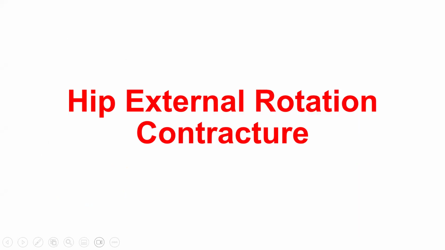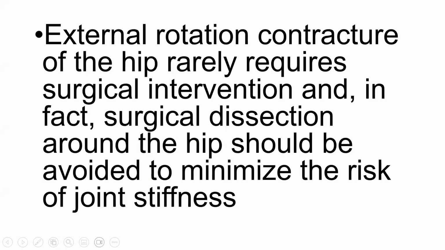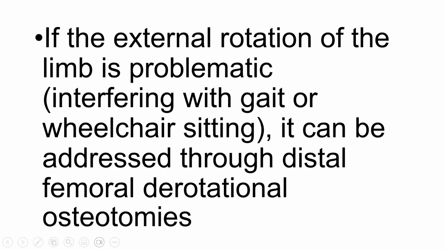External rotation contractures of the hip rarely require surgical intervention. In fact, surgical dissection around the hip should be avoided to minimize the risk of joint stiffness. If external rotation of the limb is problematic, interfering with gait or wheelchair sitting, it can be addressed through a distal femoral derotation osteotomy.